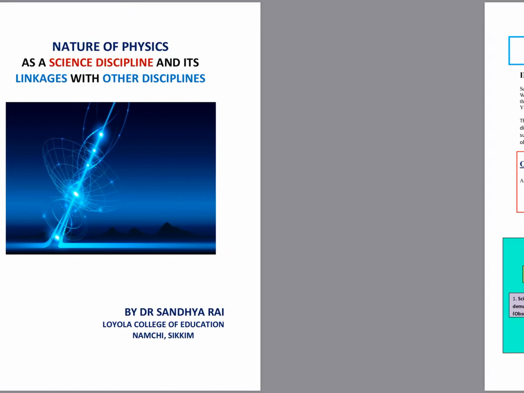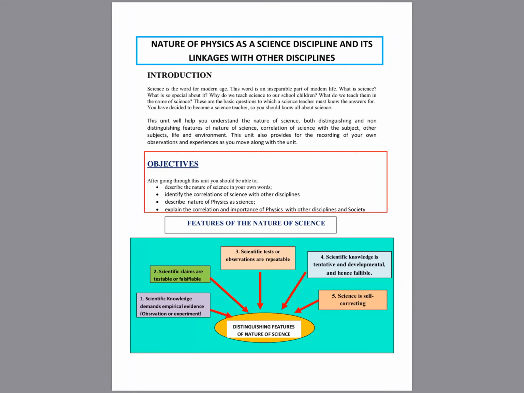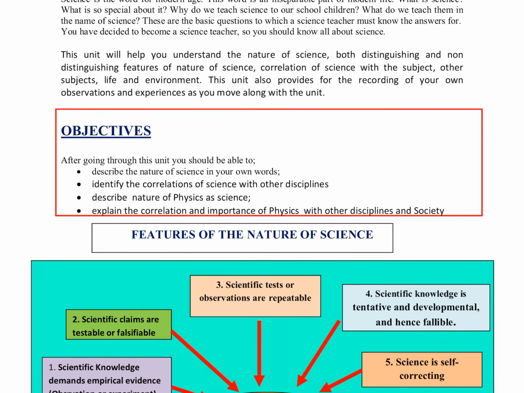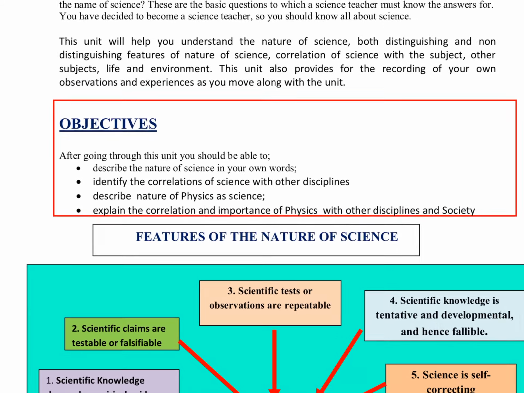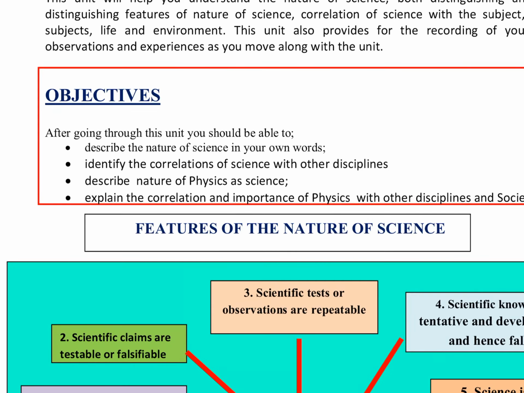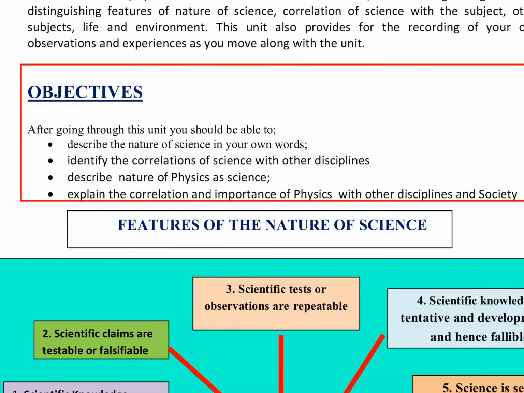Actually, this nature of science we have already covered in semester 2. However, some of you will find it very important even in this third semester. So the objective of this lesson or module is drawn over here.